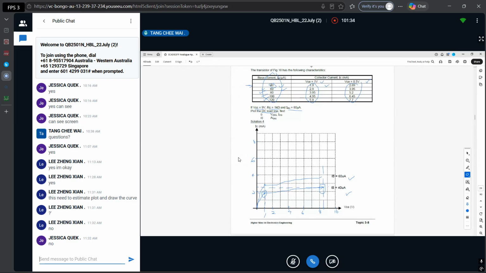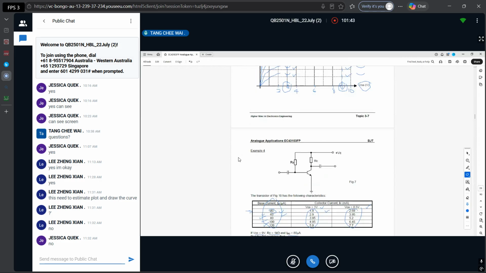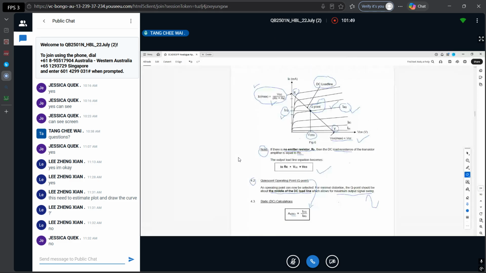If you can recall, we go back to the earlier part. It will be VCC over RC because now we don't have RE. I want to get my first point, X, to draw the load line. I hope you are following me. My first point X needs VCC divided by RC to find the maximum collector current.